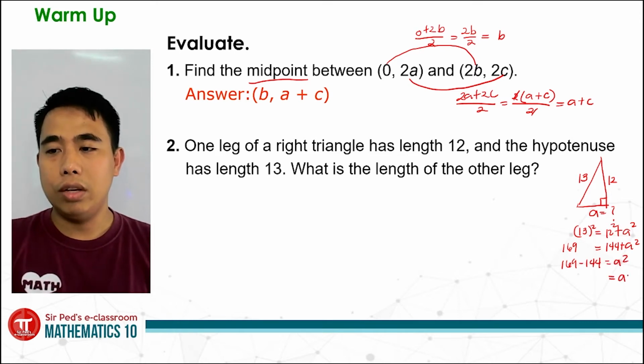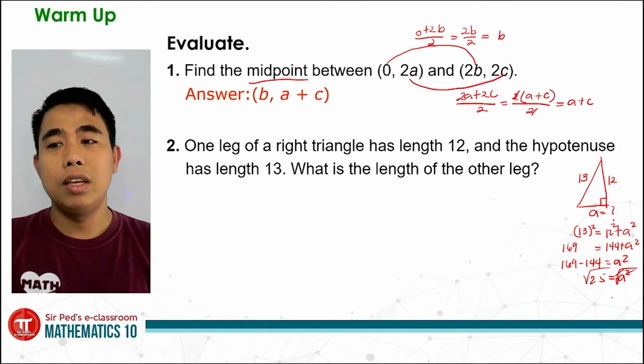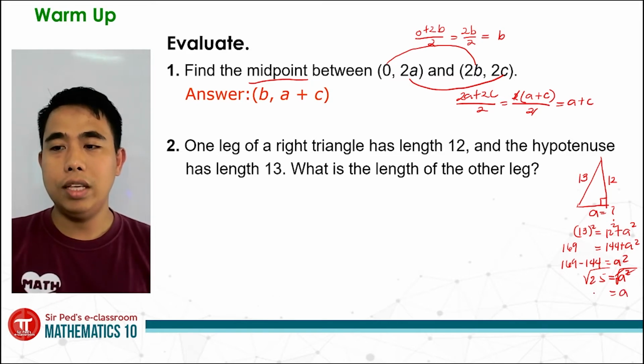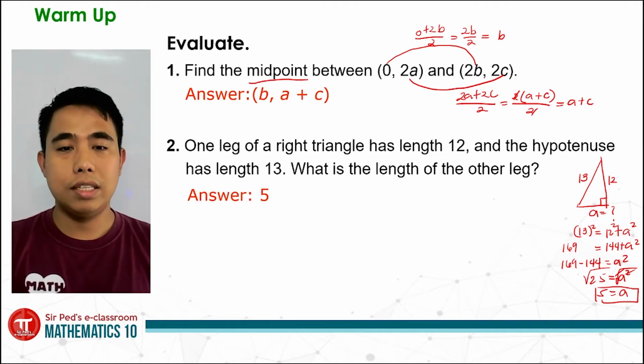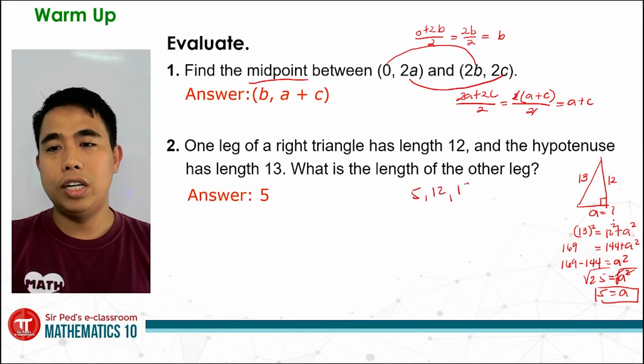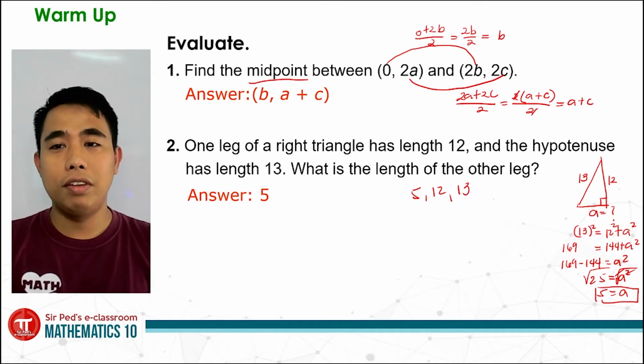So a squared is 25. Then we take the square root of both sides. We consider only the positive square root of a since we are talking about length. So a is equal to the square root of 25, which is 5. So the answer is 5. And your 5, 12, 13 is an example of Pythagorean triples.